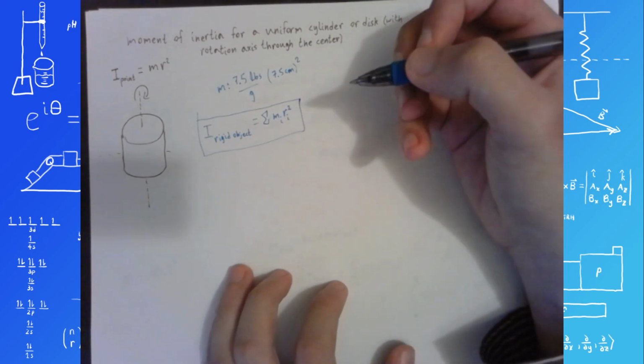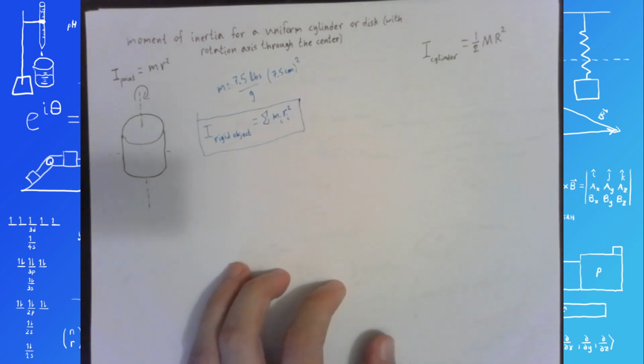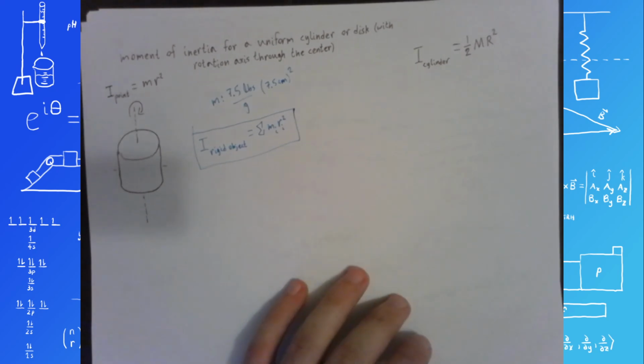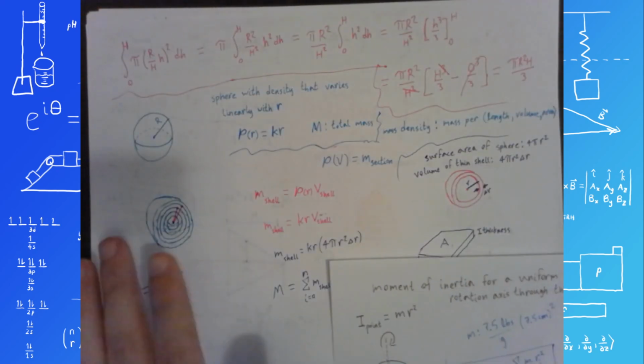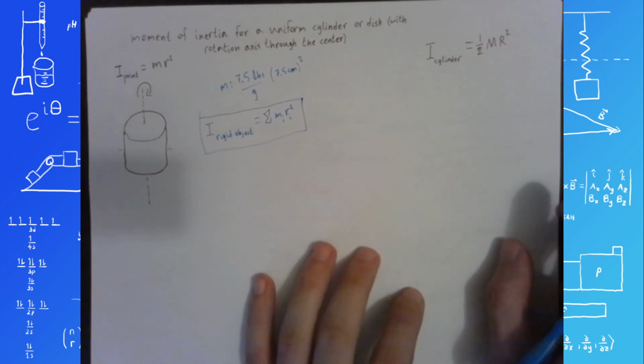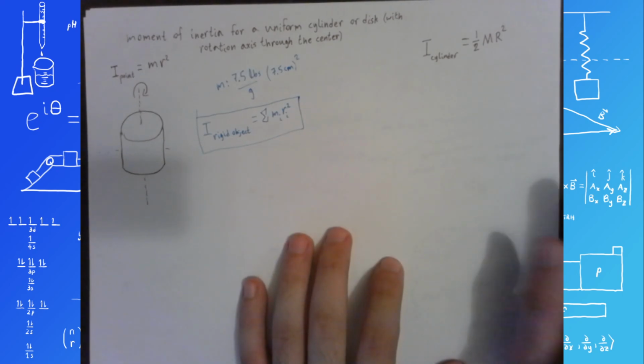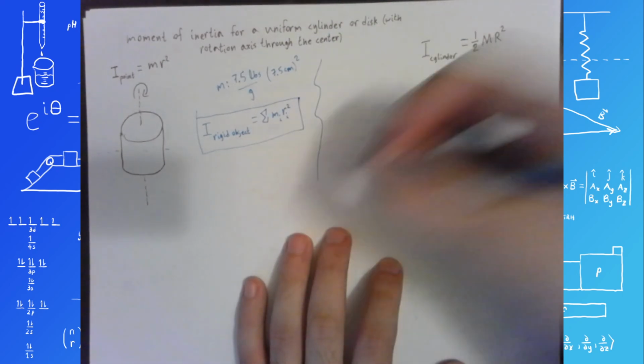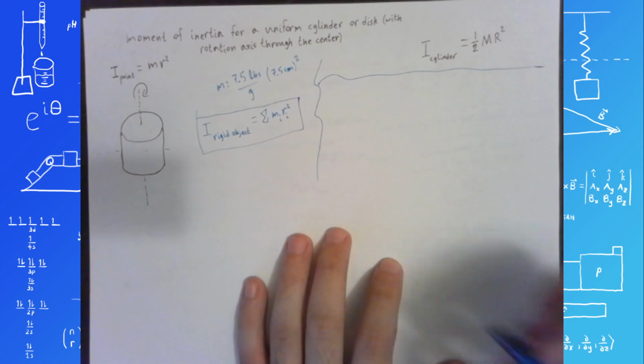And the ideal way to chop this up then would be not too different from what we did with the sphere, actually. I want to cut this cylinder up into a bunch of cylindrical shells. This is going to work very beautifully for us because of rotational symmetry.